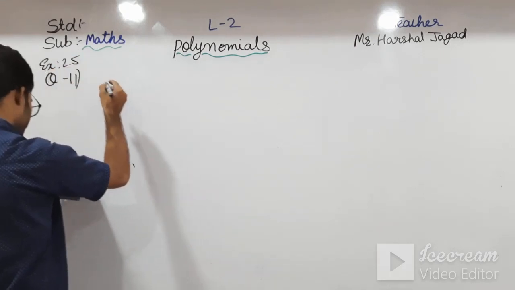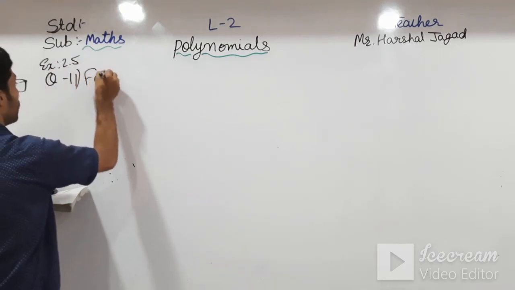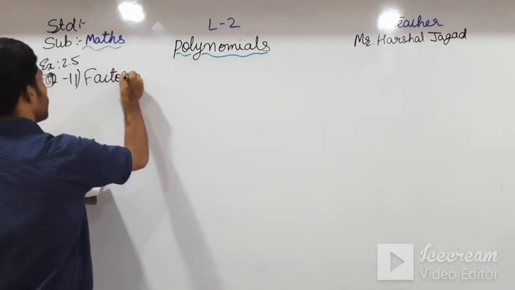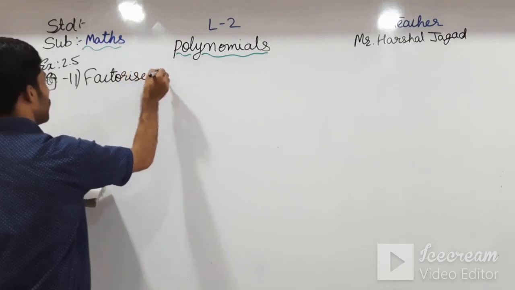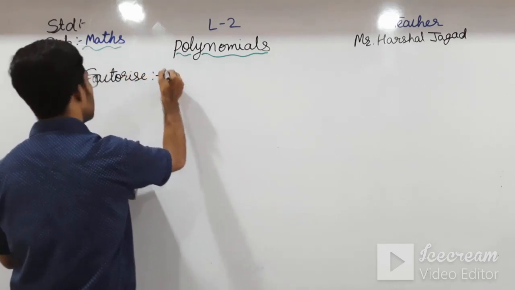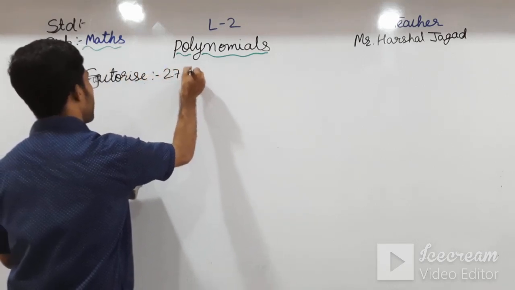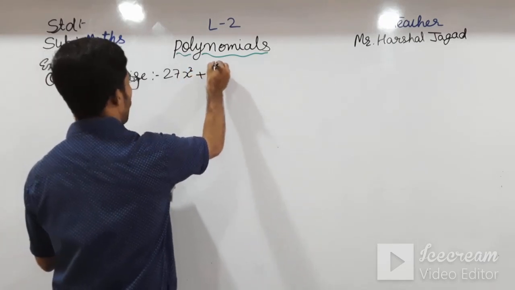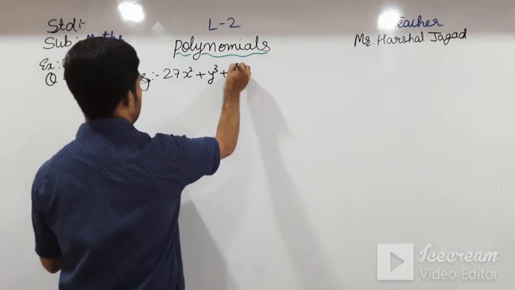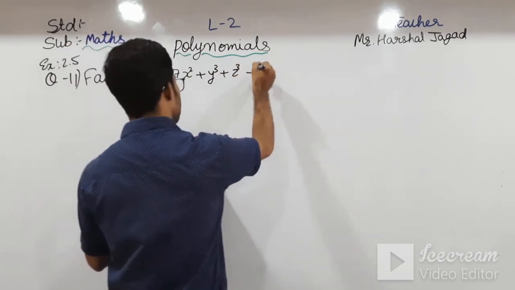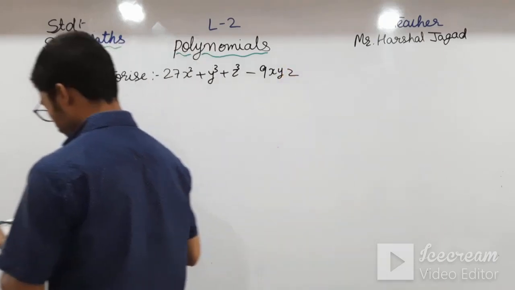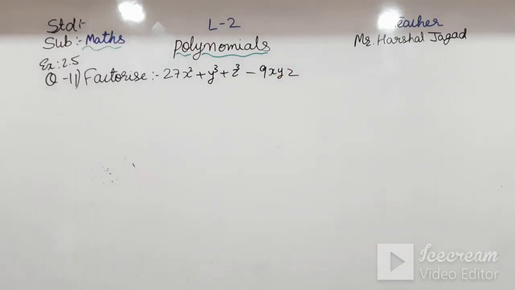So what is the question? Factorize 27x cube plus y cube plus z cube minus 9xyz. Okay students, let us do this sum.